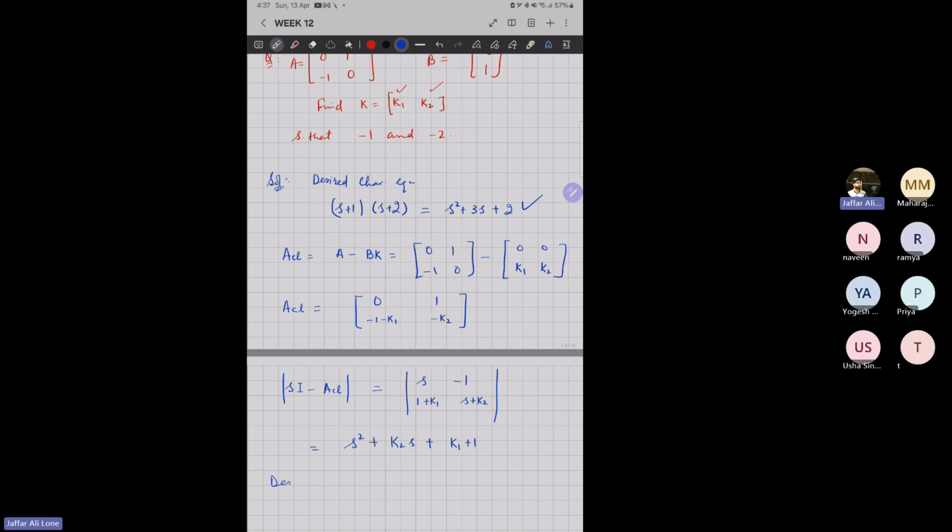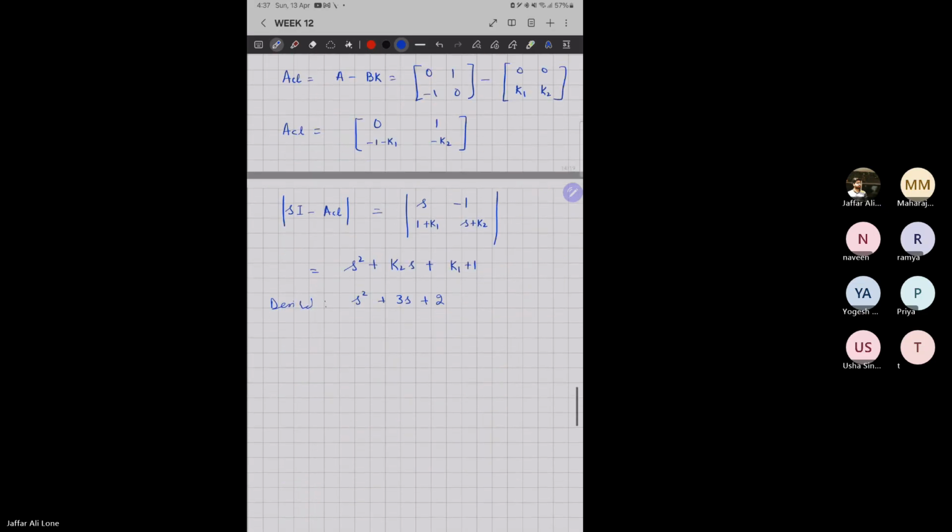My desired equation was S² + 3S + 2. It implies my K2 is 3 and K1 + 1 is equal to 2, so my K1 is equal to 1. It implies my K is [1, 3].